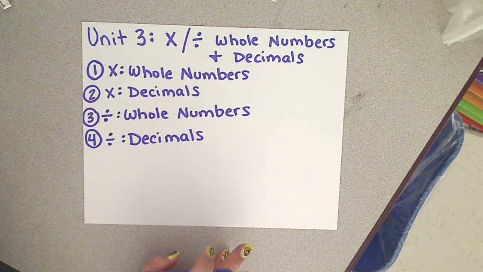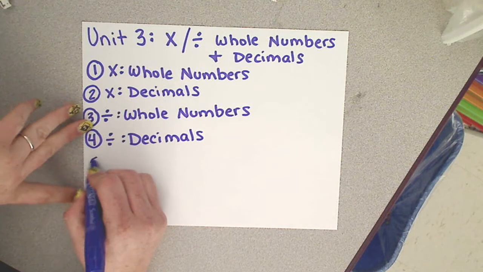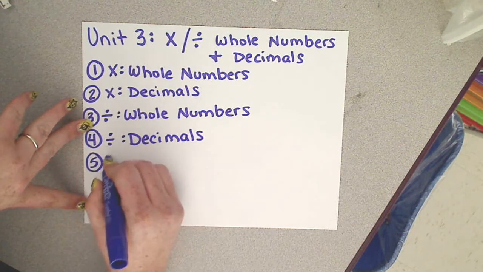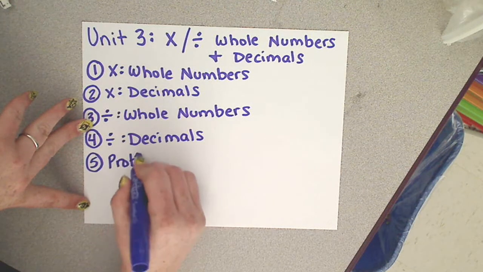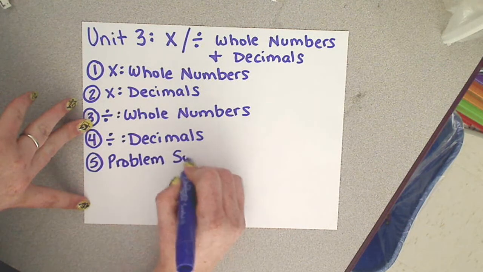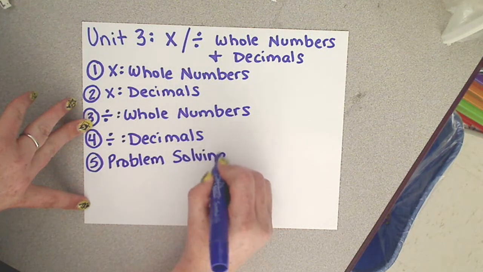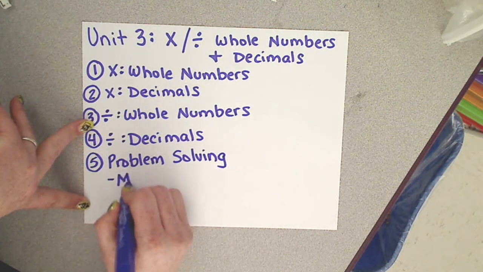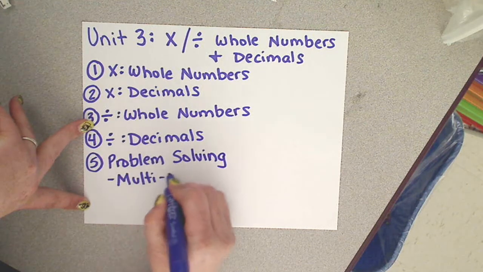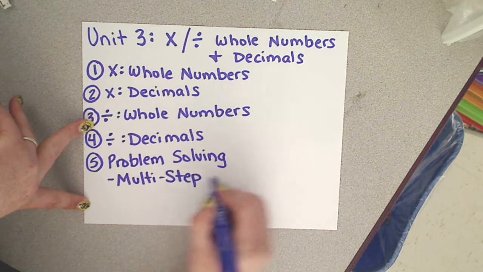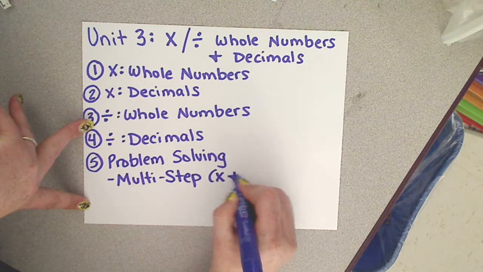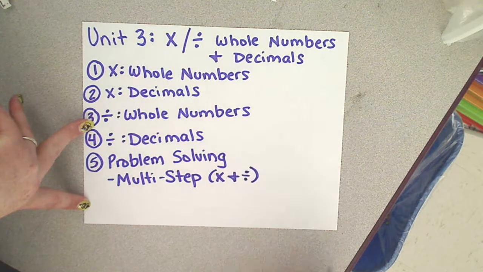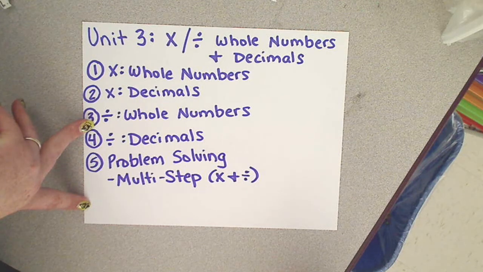And then finally, the fifth part is going to be all about problem solving. And this is where students really get tripped up because now we're going to be talking about those multi-step problems that require you to multiply and divide, or problems that give you multiple types of data and you have to figure out what you're doing with them.